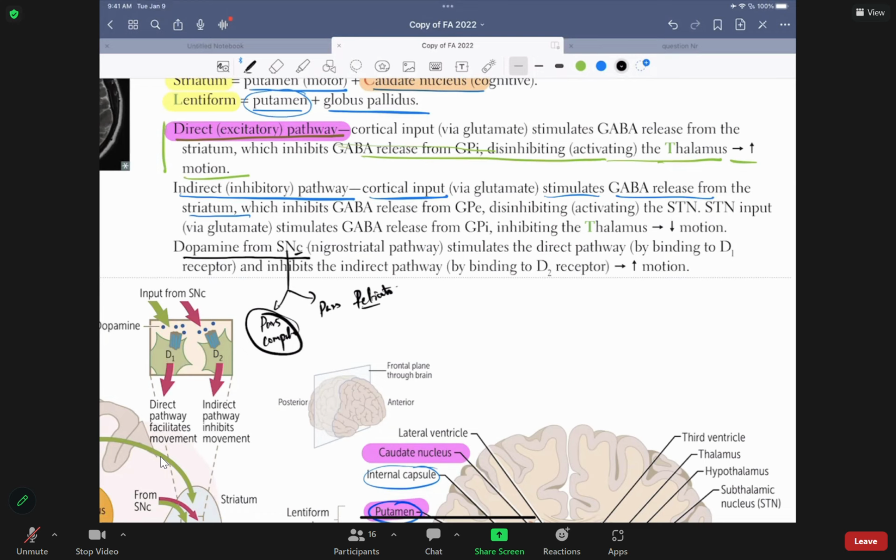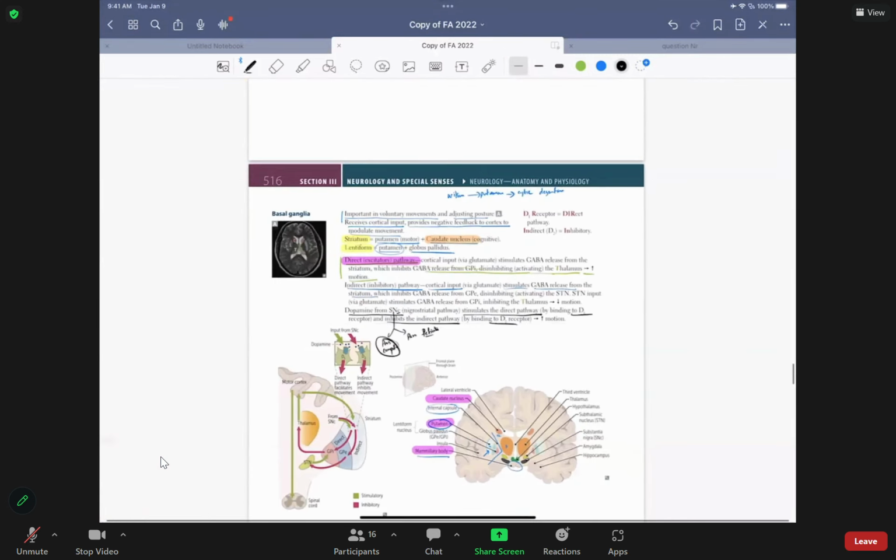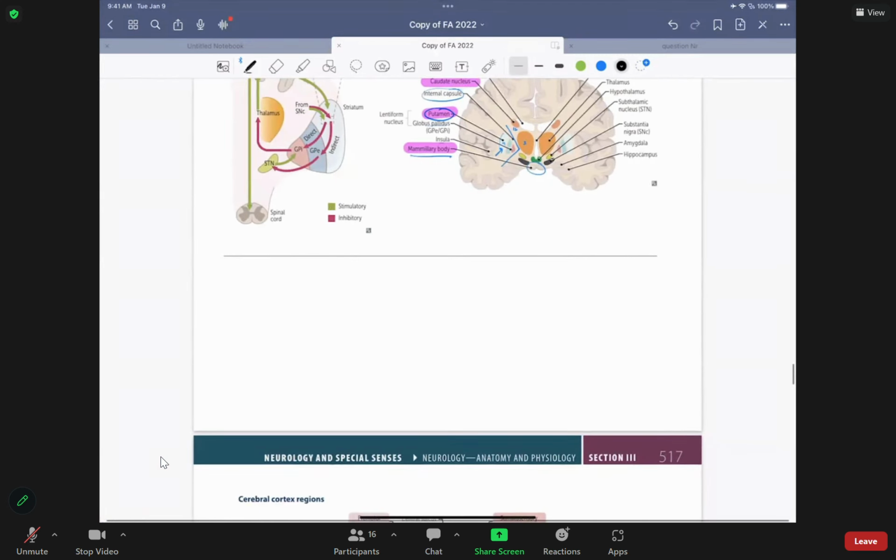Now you could see dopamine stimulates the direct pathway, which is D1, and inhibits the indirect pathway, which is D2. That's what I wrote, isn't it, folks? So on this page, I will write at the bottom, just one more time, D1 and D2.